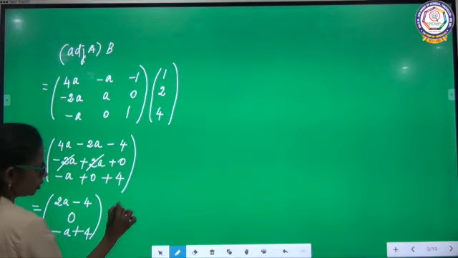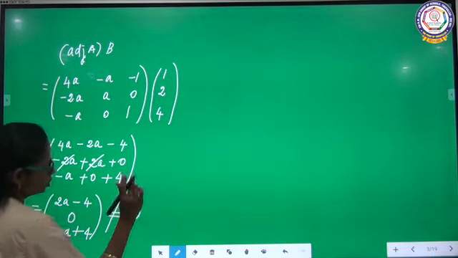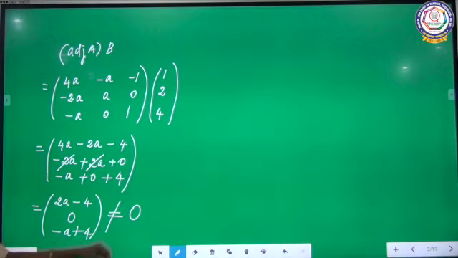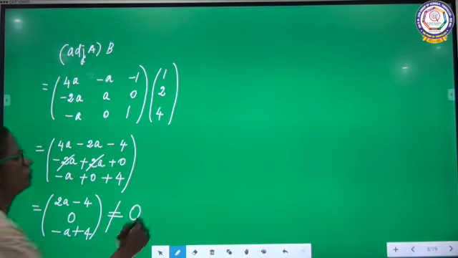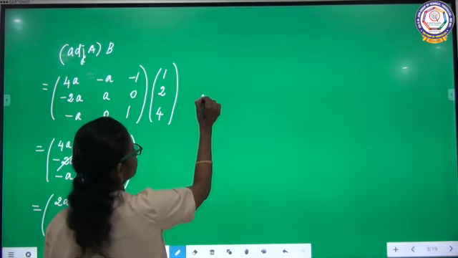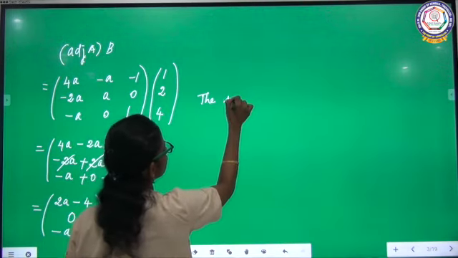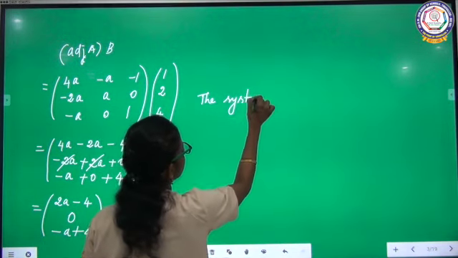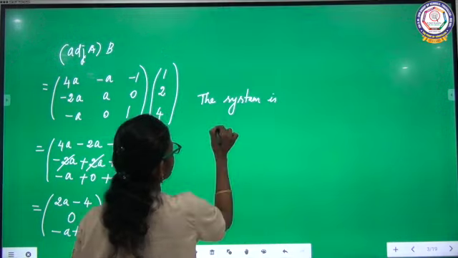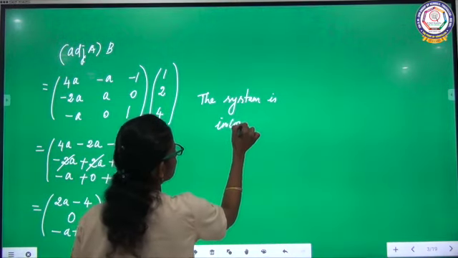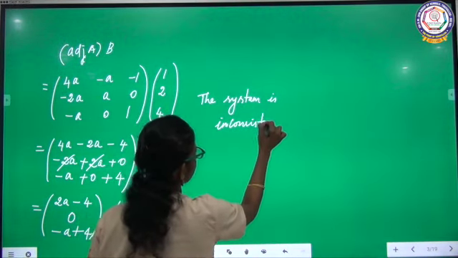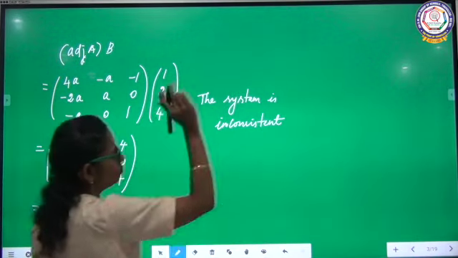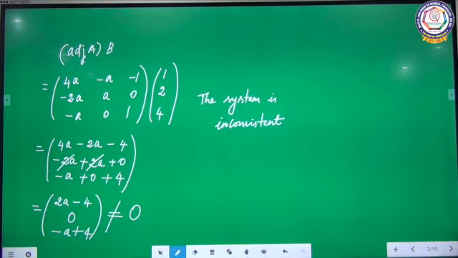Definitely it is not equal to 0. If it is not equal to 0, what is your conclusion? The system is inconsistent, right? You can say the system is inconsistent. But you have to check.